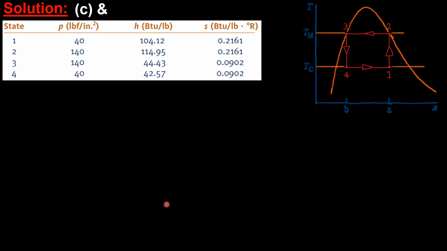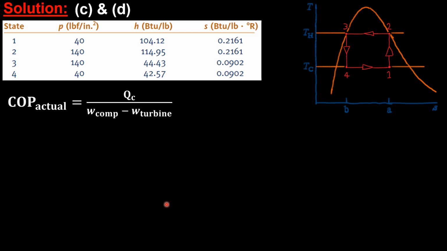All right, so here we want to solve for C and D. We want to find the coefficient of performance. So let's recall. The Carnot COP represents the maximum theoretical efficiency. Real systems have lower COPs due to irreversibilities like friction, non-isentropic compression, heat losses, and imperfect heat exchange.